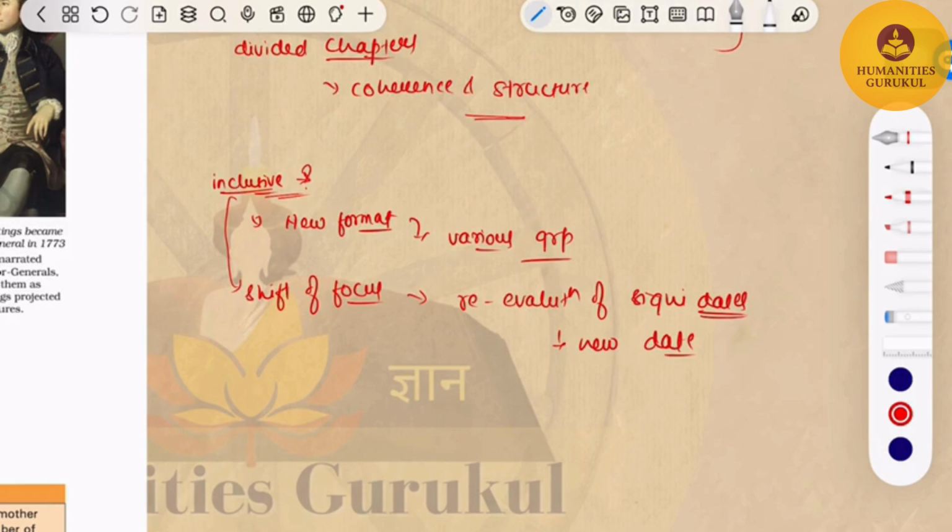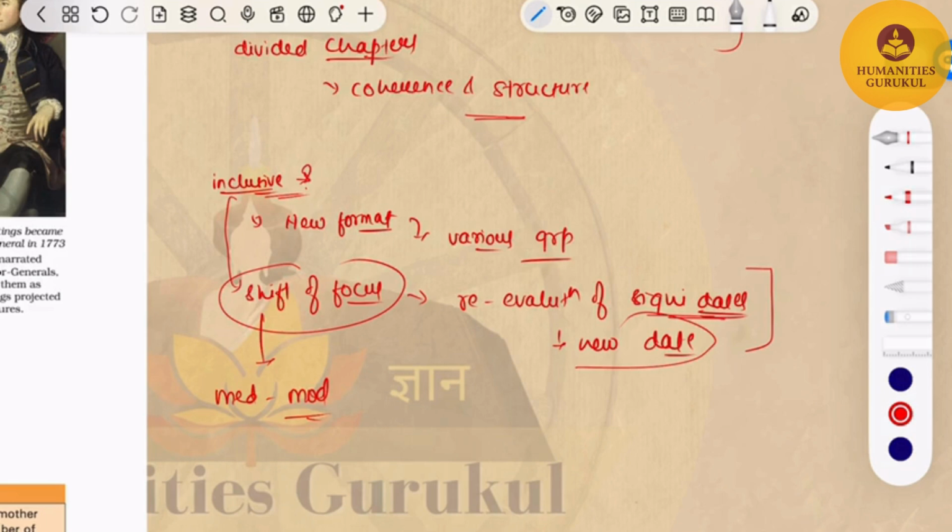In that you studied medieval history. But this year you are studying modern history. So now you have new dates. Why? Because you have shifted your focus from medieval to modern. So you are getting this point, how shifting of focus is important.